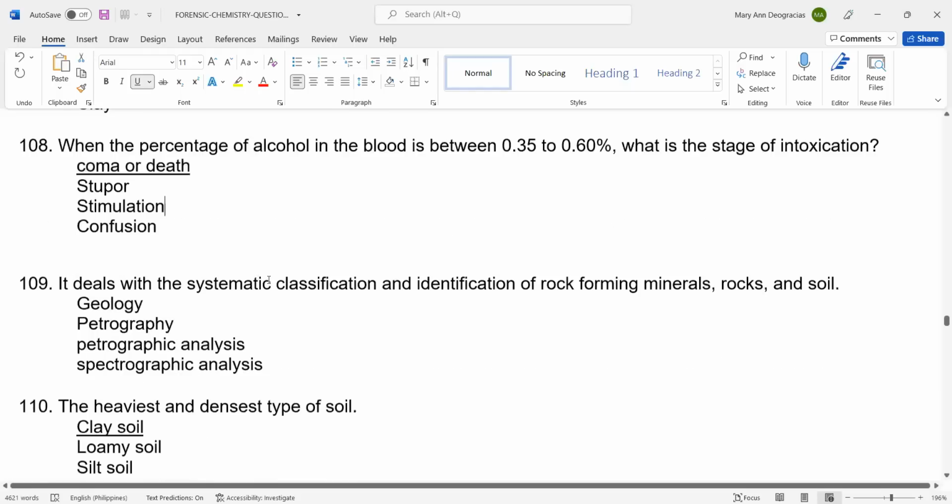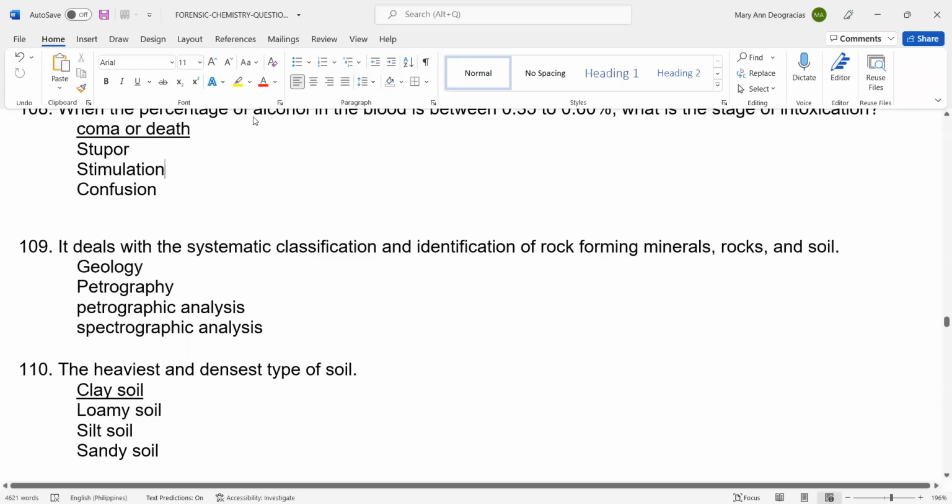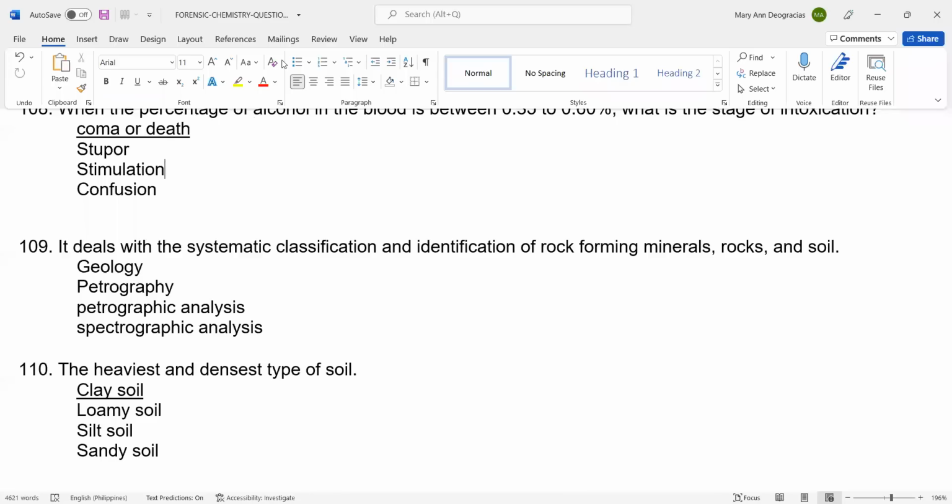It deals with the systematic classification and identification of rock-forming minerals, rocks, and soils. Is it geology, petrography, petrographic analysis, spectrographic analysis? Dalawa lang pagpipilian nyo dyan.